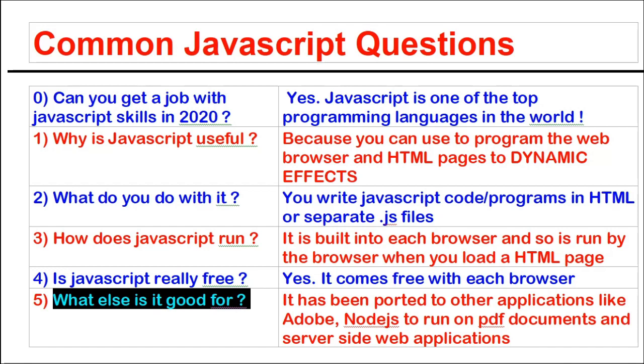The Node.js program runs on the server side, and you can use it to build web servers and process web pages and return results to the browser. So you can have JavaScript running on your browser and also running on the server.